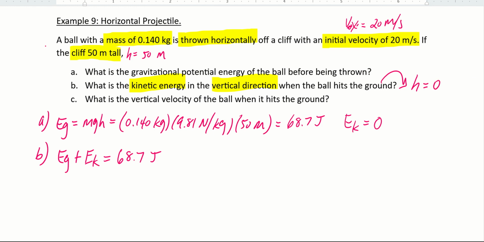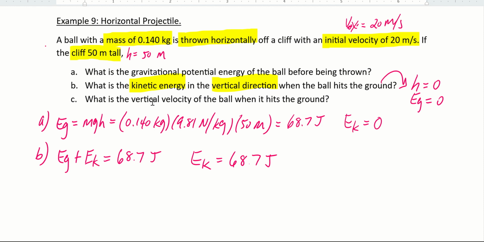And if h is 0 over here, then my gravitational potential energy is 0. So then I know that the kinetic energy when the ball hits the ground, EK, at the ground has to be 68.7 joules because energy is conserved. All of that gravitational potential energy is converted to kinetic energy.